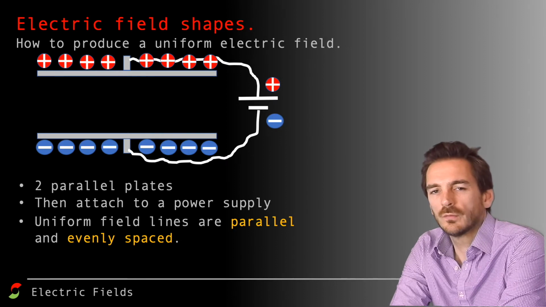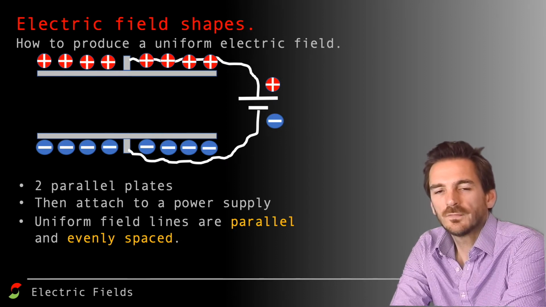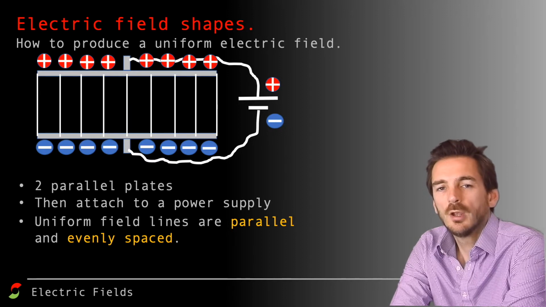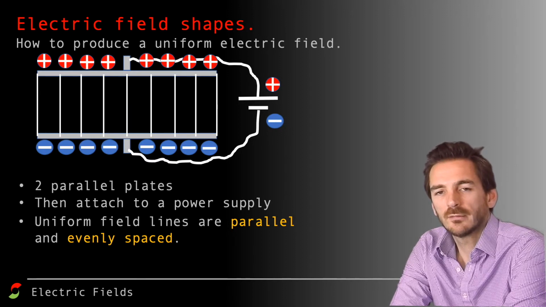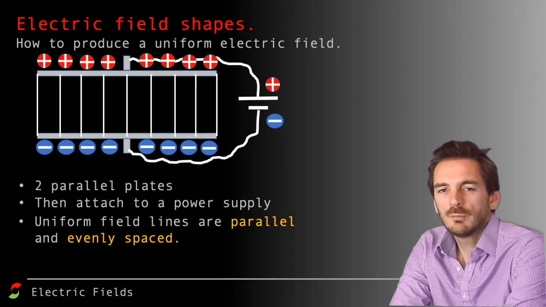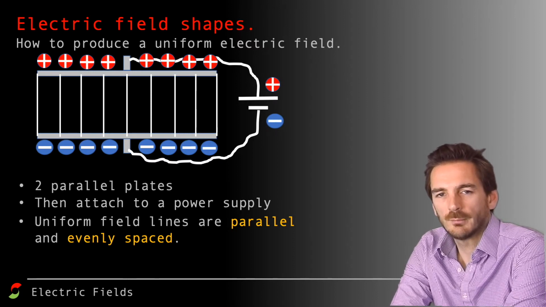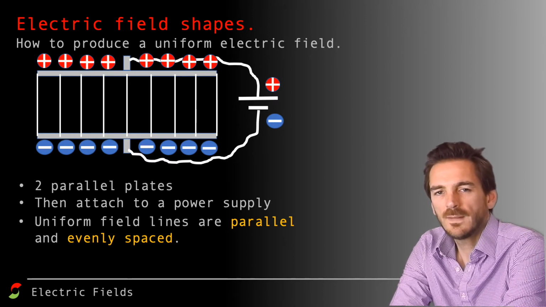And what we'll find is that a uniform electric field is produced. And we can draw a uniform electric field by having evenly spaced lines that are parallel together. But we've got to add arrows onto them. So if we look at this, if we were to put a positively charged object in that electric field, which way would it go?